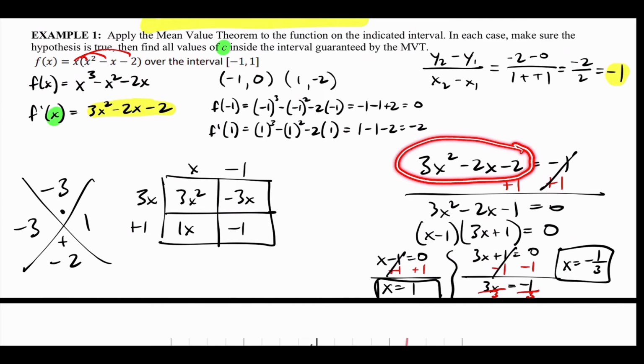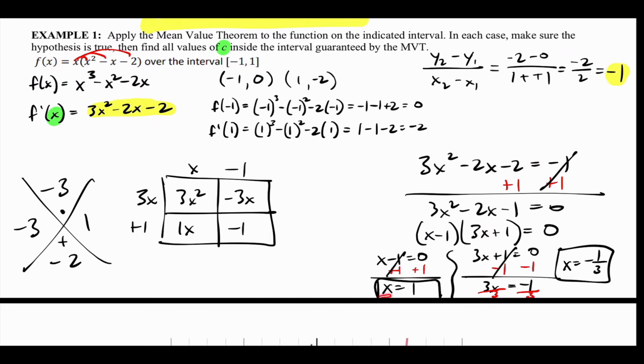We set this guy equal to this guy, right? What did the first guy represent? Derivative of the original, right? What did negative 1 represent? The average rate of change. When they're equal, that's where C exists.